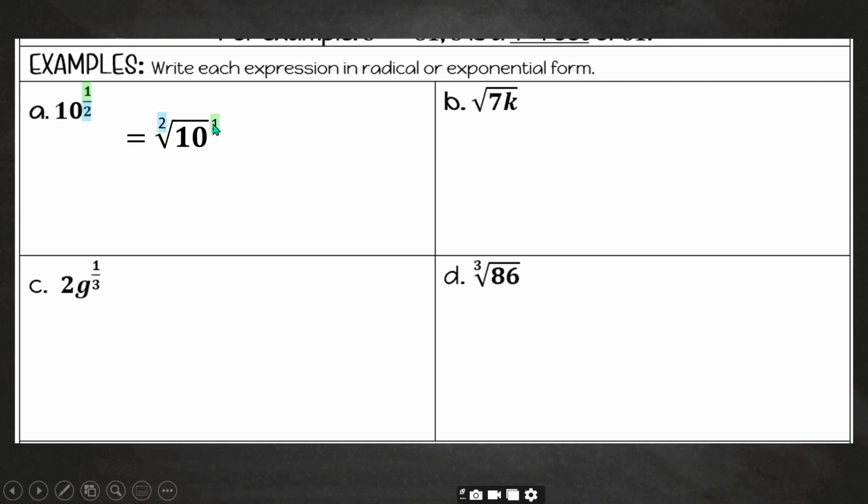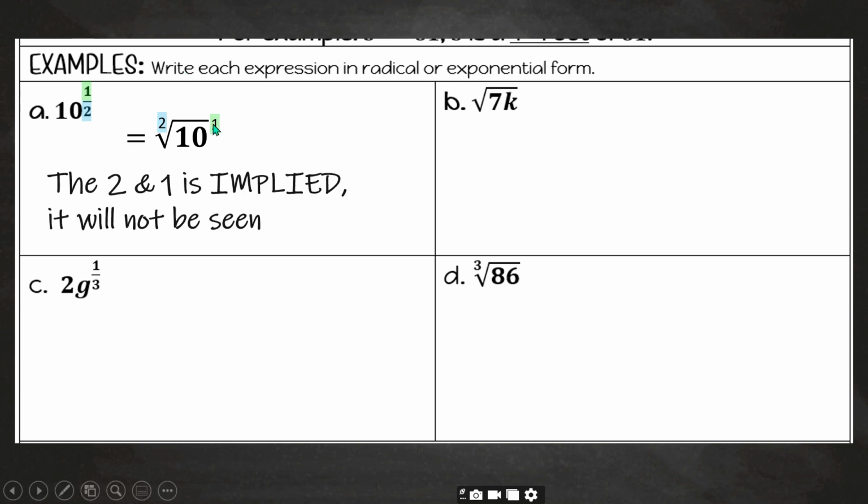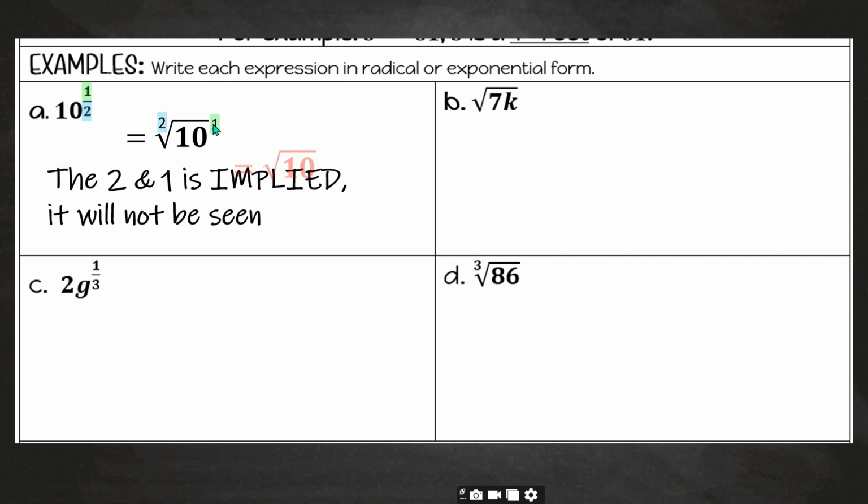The 2 and the 1 are actually implied, so the way you would actually see it is just the square root of 10, because there is an implied 2 outside of that radical. There is no such thing as a 1th root, so it is not an implied 1 like you are used to with exponents or coefficients.